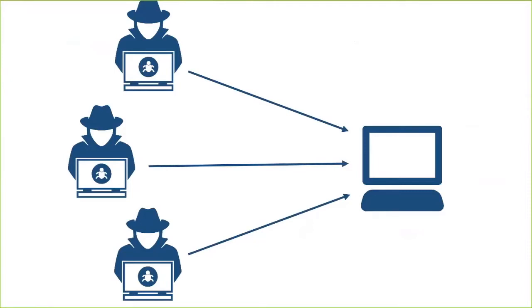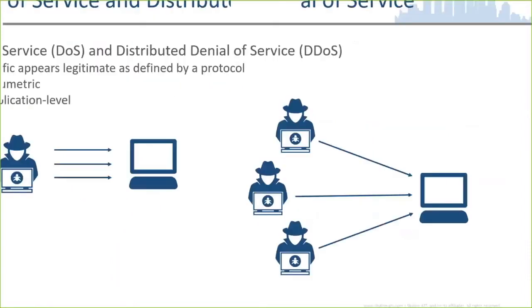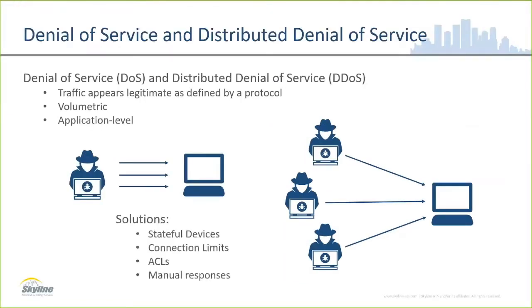Some of the solutions to prevent this from happening are stateful devices, so things like our firewalls and our IPS systems, et cetera, and also host-based intrusion prevention systems and firewalls.